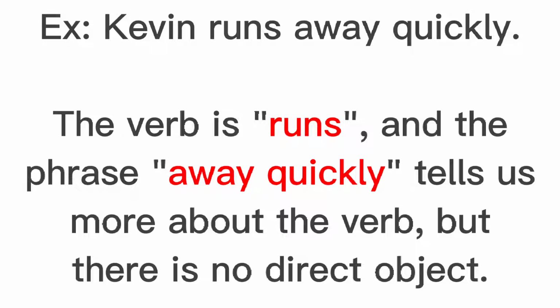Let's take the given example here: Kevin runs away quickly. The verb is runs, and the phrase away quickly tells us more about the verb, but there is no direct object. Therefore, runs is an intransitive verb.